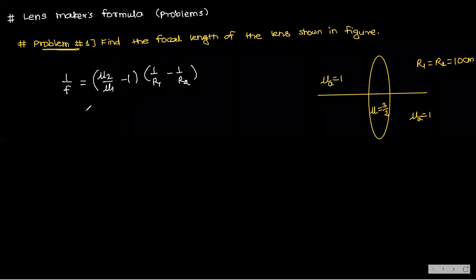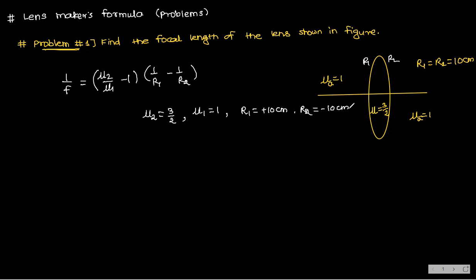So here mu2 is nothing but 3 by 2, that is for the lens. Mu1 is that of air, and that is 1. R1 is equal to this side, so that's why it is plus 10 centimeter, and R2 is this side. This is R1 and this is R2. So R2 should be minus 10 centimeter.